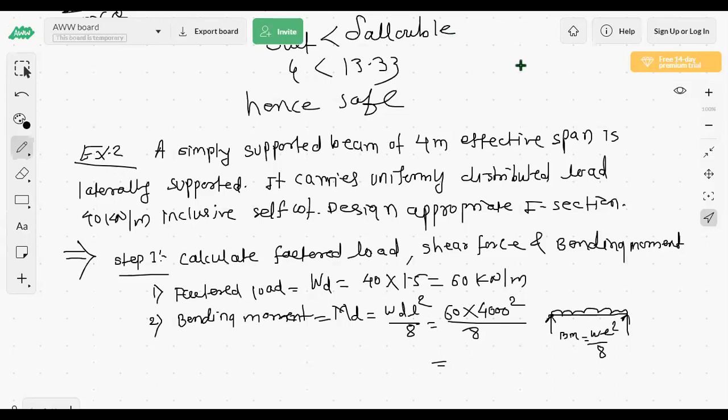Moment we have to calculate for UDL. Simply supported beam is there, UDL is given. So WL square by 8. W is the factored load, WD. Do the calculations fast. 60 into 4000 square divided by 8.